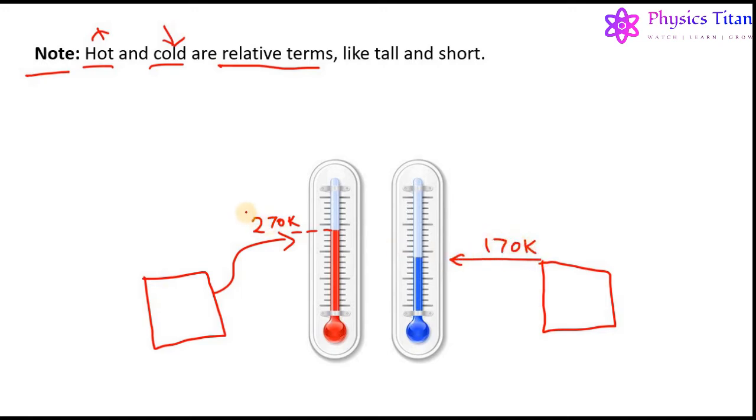Now, just by looking at the number or the magnitude of the temperature of these two objects, we can't say that any of these objects is hotter or colder. But if we compare these values with each other, we can say that this object is hotter than this one. That is, the hotness or coldness of an object is decided after comparing it with some other object.